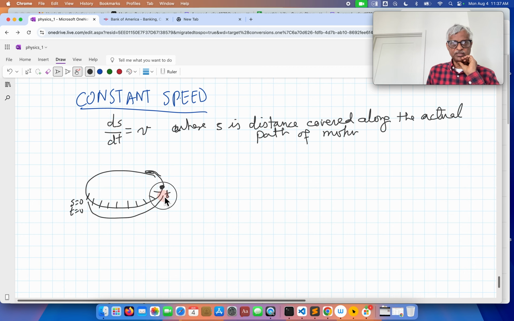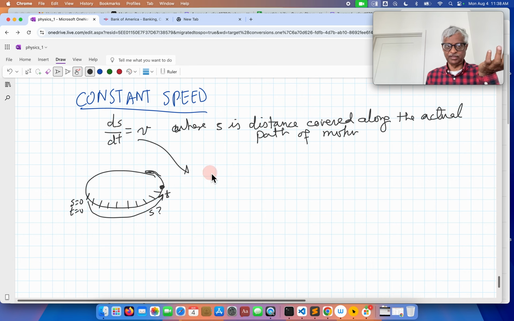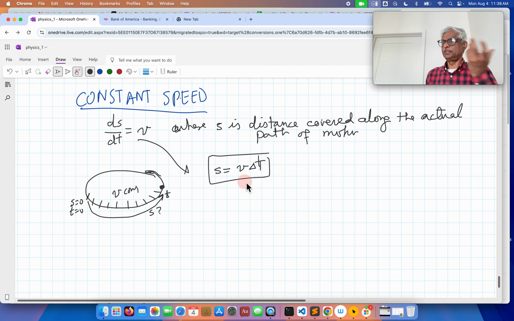So what is the total distance covered? Well, this is integrated, that's all. V is constant, so S is equal to V times total time. This is really simple.